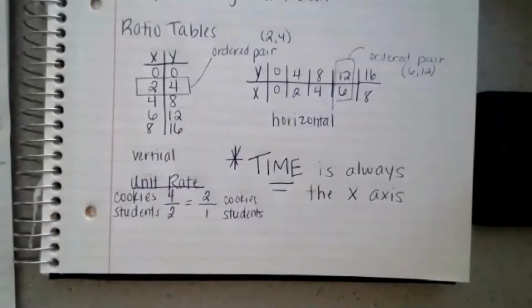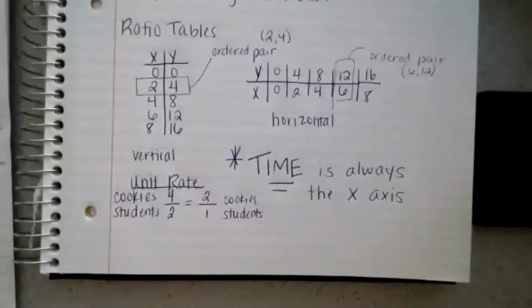Okay. So all we're doing is taking all the things that we've done already and we're kind of combining them into something new. I want you to think back a while back, we were talking about multiplicative and additive relationships.